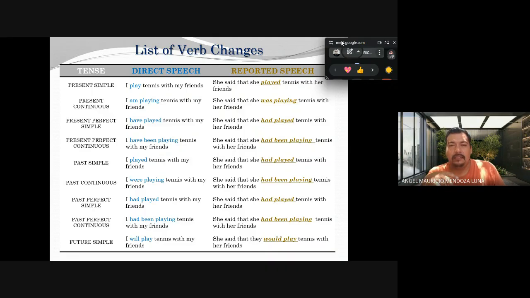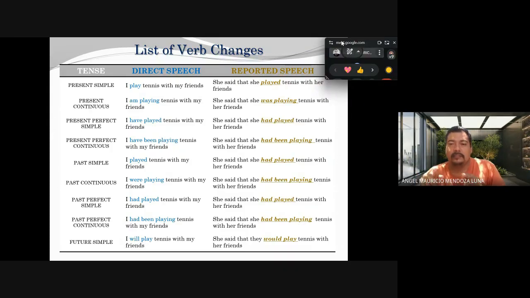their names. Therefore, present simple, past. Present continuous, past continuous. Present perfect, past perfect. Present perfect continuous, past perfect continuous. Past, past perfect. Past continuous, past perfect continuous.